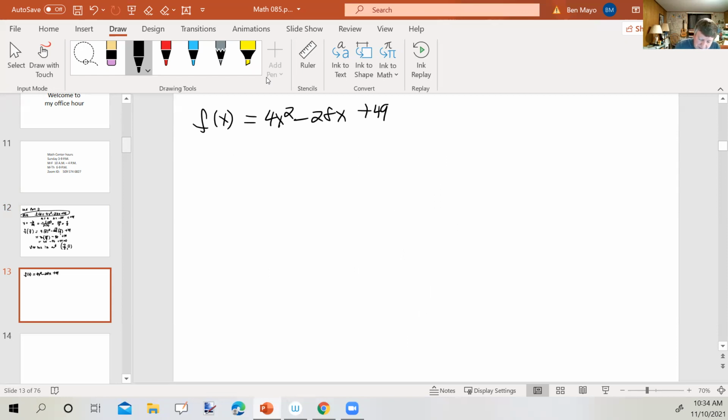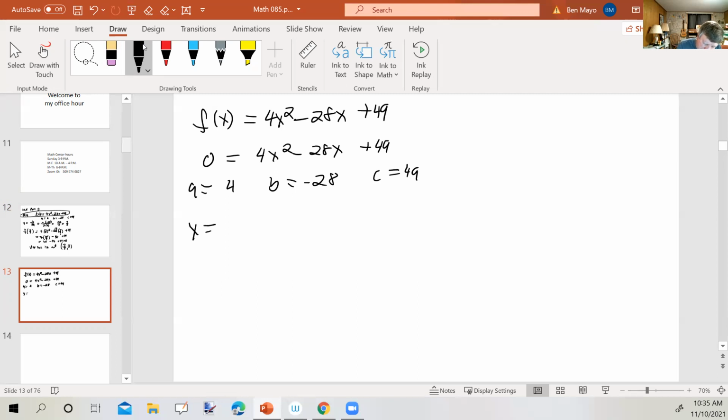To find the x-intercept, we'll set y equal to 0. And again, a is 4, b is negative 28 and c is 49.